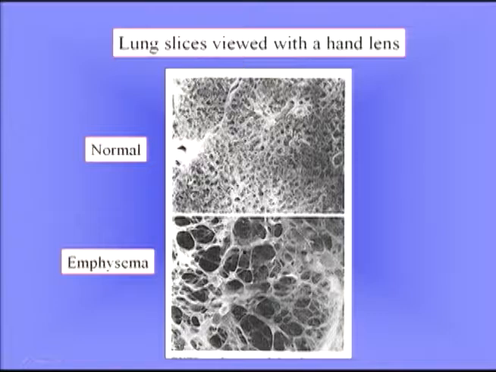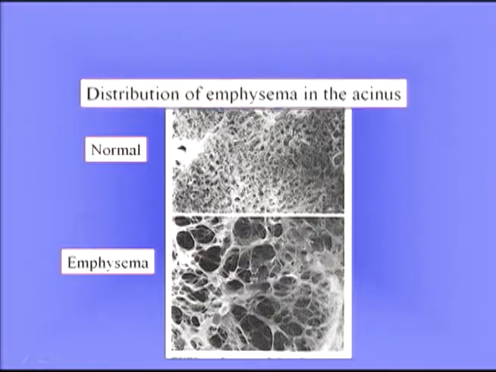And down here we have the typical appearance of emphysema, breakdown of the alveolar walls, complete disorganization of the lung structure, and therefore you can see how a large number of pathophysiological processes would follow. And I think it's very useful to keep these appearances at the back of our mind when we think about lung function in emphysema.